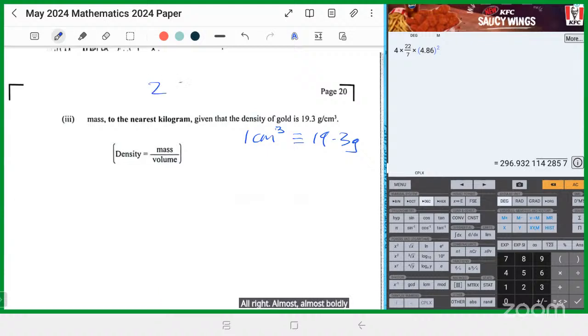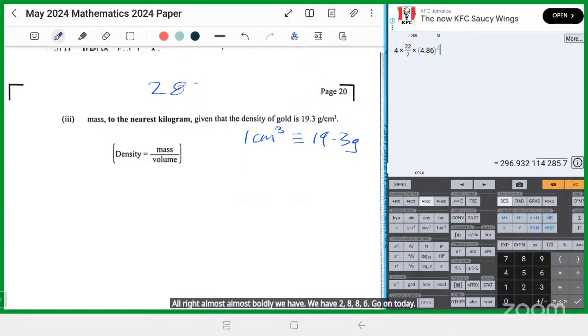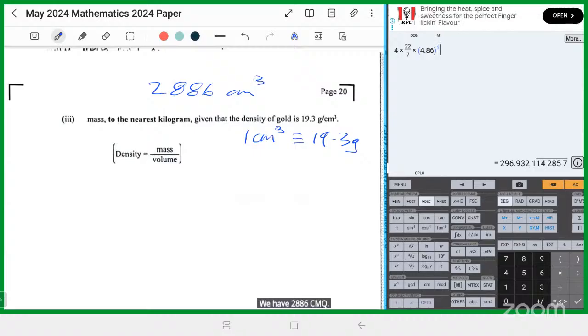We have 2886 cm cubed. That's the total that we have, so we just need to multiply this by the 2886. So the mass becomes 2886 times 19.3.